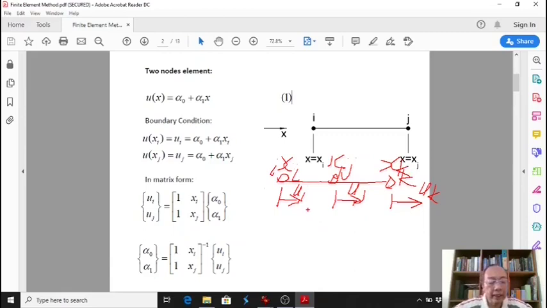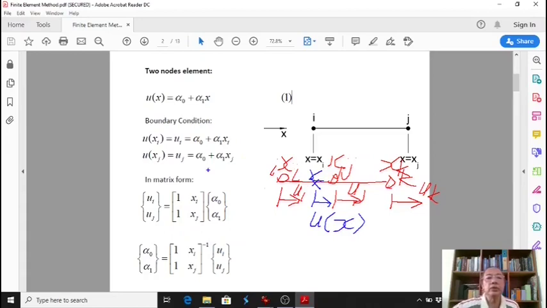At somewhere here we have a point at position x, which displaces to u of x.